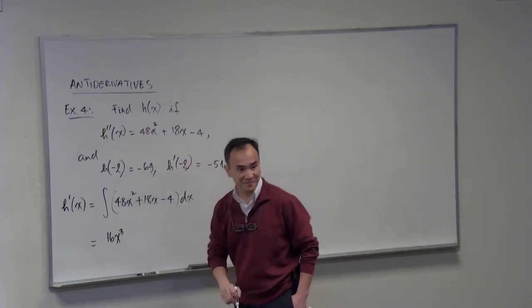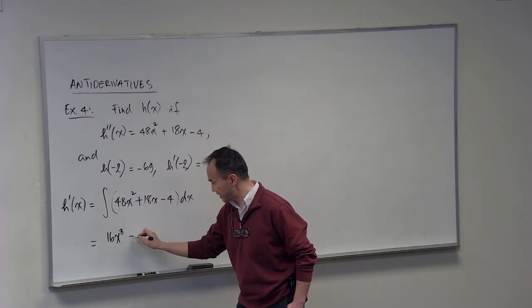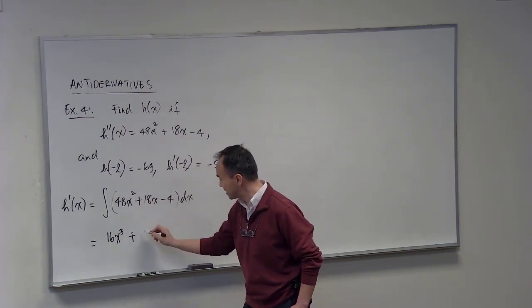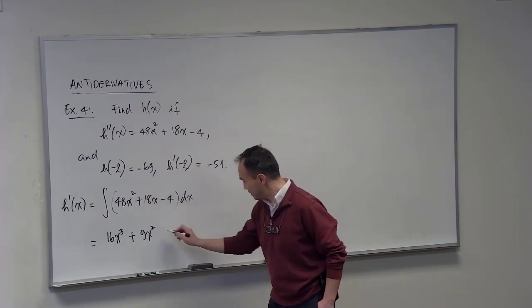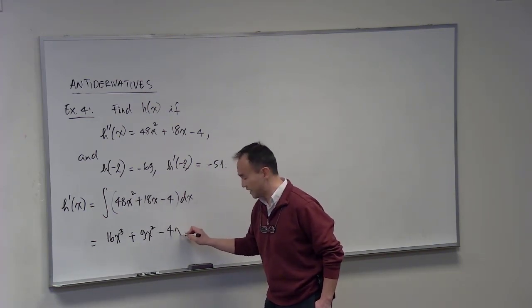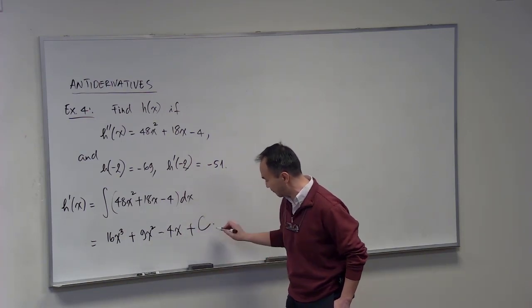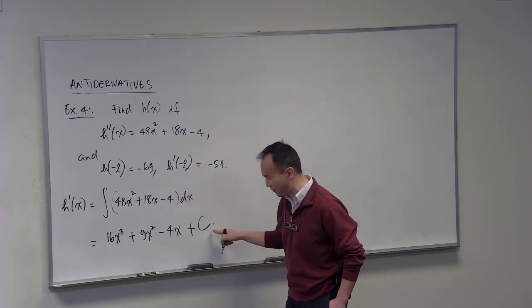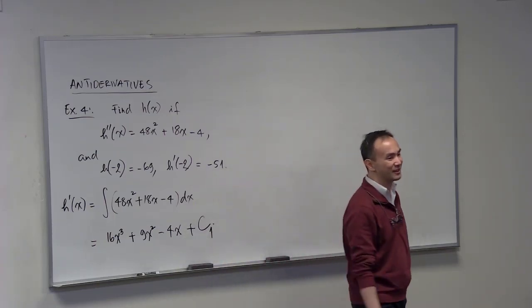Does everybody agree? The middle term, connected with the first term by addition, gives me 9x squared. Then minus 4x. But don't forget, we always have the C handed to us after. I'm at the first level, so let's call it C1 here.